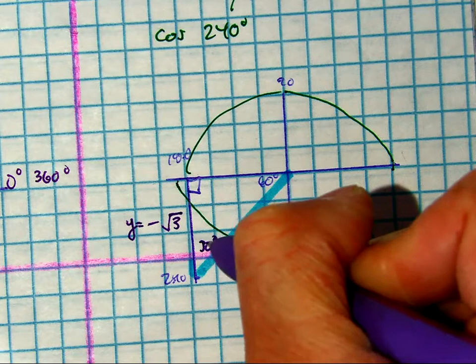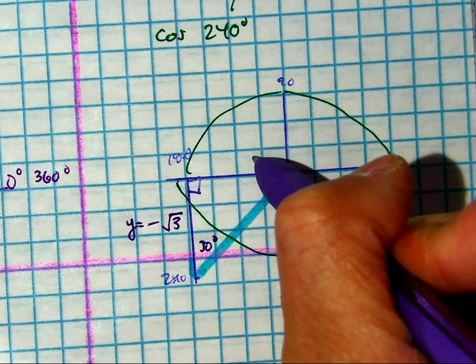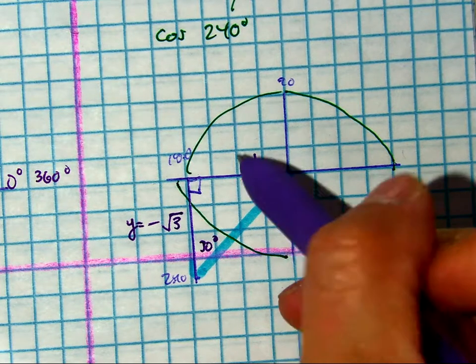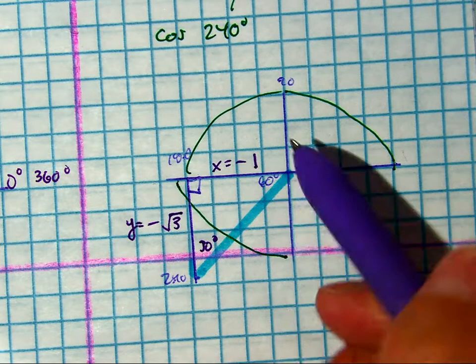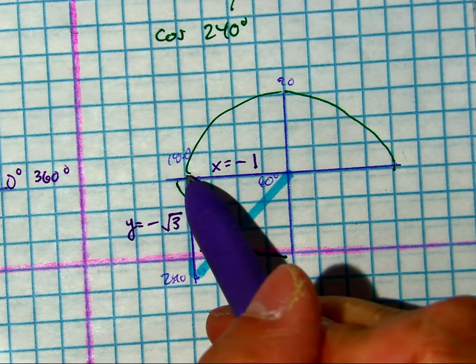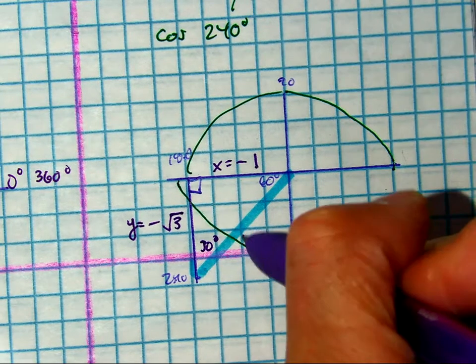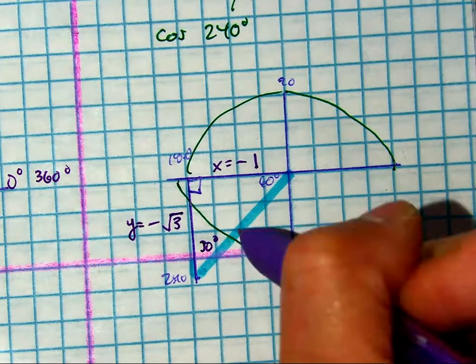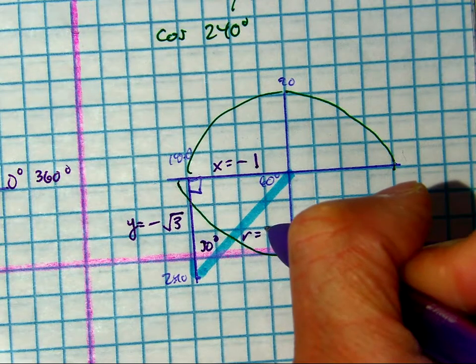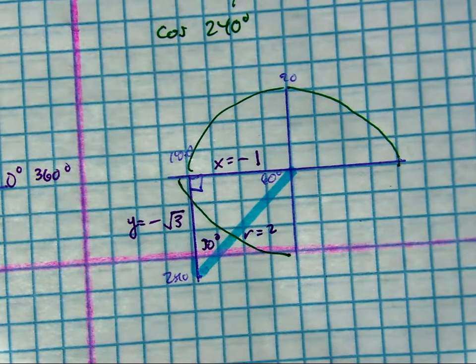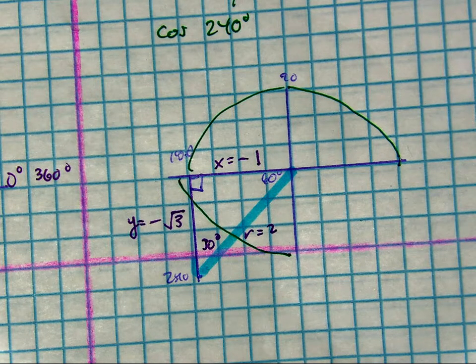Always across a 30-degree angle is 1. X, Y, or R? Positive or negative? It's negative because it's going left. And then your R, always across the 90 in a 30-60-90, is positive 2. Remember, in the 45-45-90, it's radical 2.